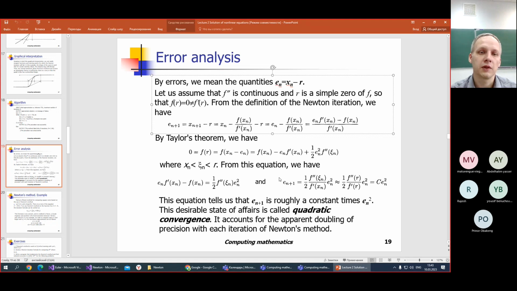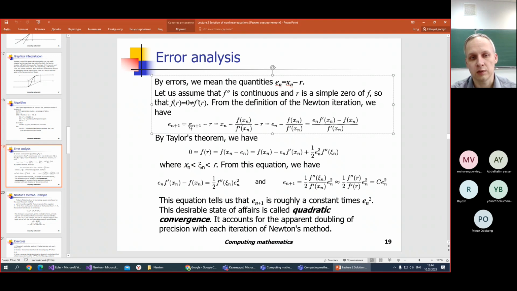If we assume that the second derivative of a function is continuous and r is the root of the equation f of x equals 0, then from the definition of the Newton method, we have the following equation.